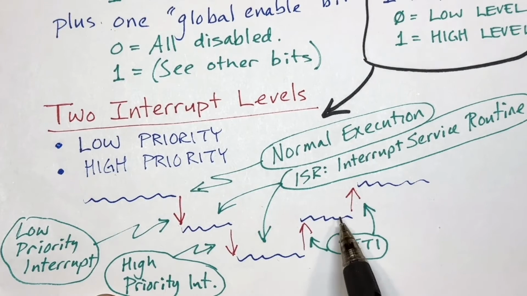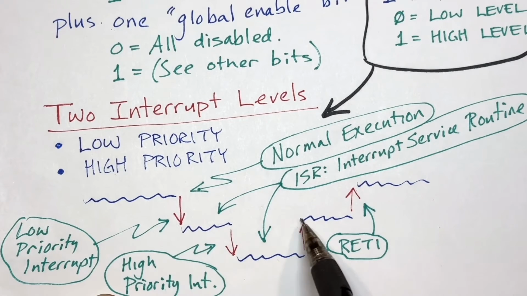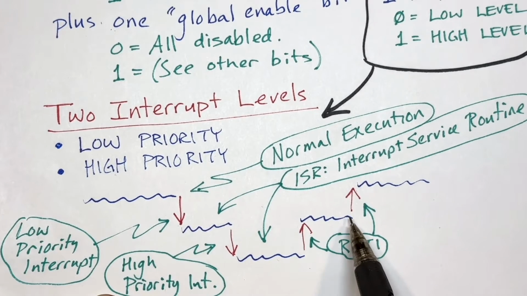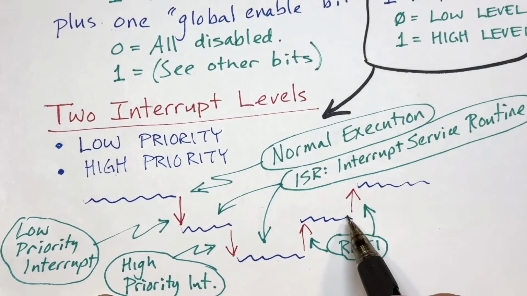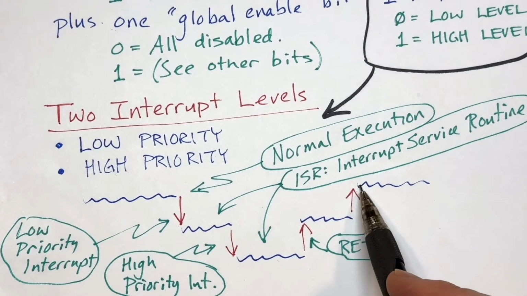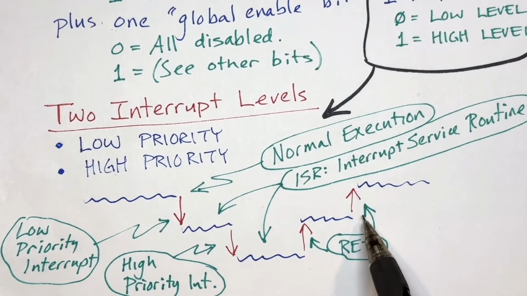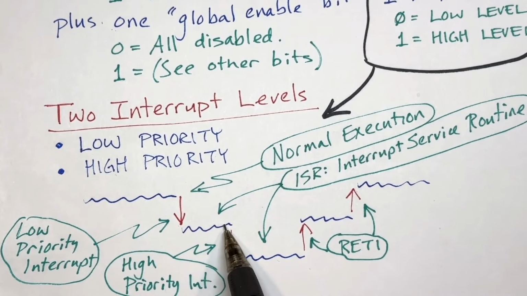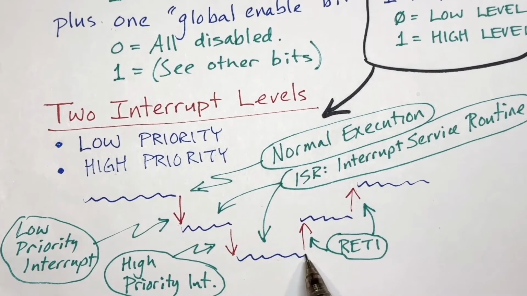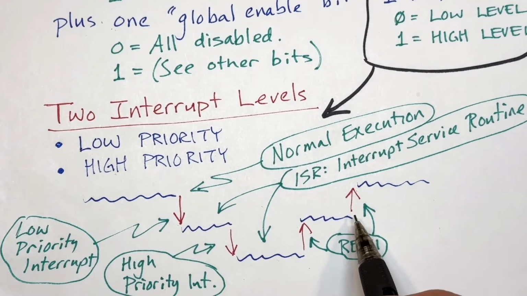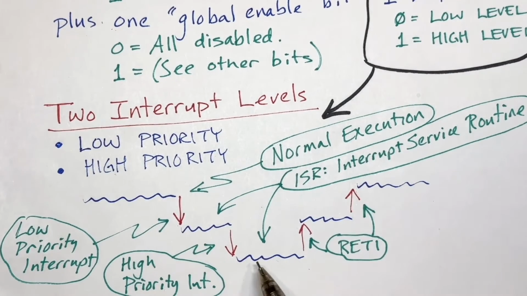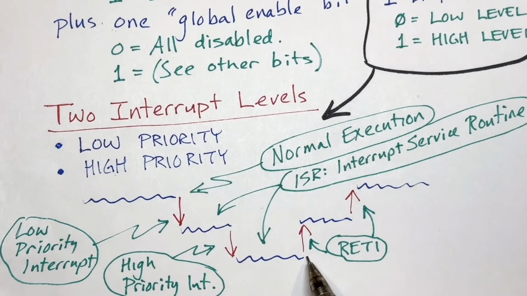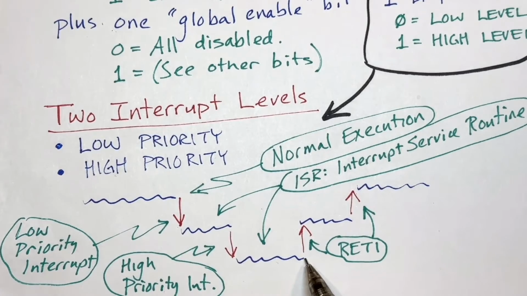Eventually all the high priority interrupts will be serviced and return, then the low priority interrupt will continue going, and then it would return, and if there's another low priority interrupt pending, then that would be executed. So to repeat, low priority interrupts can be interrupted by high priority interrupts, but not by low priority sources. Other low priority sources would have to wait. High priority interrupt routines cannot be interrupted.